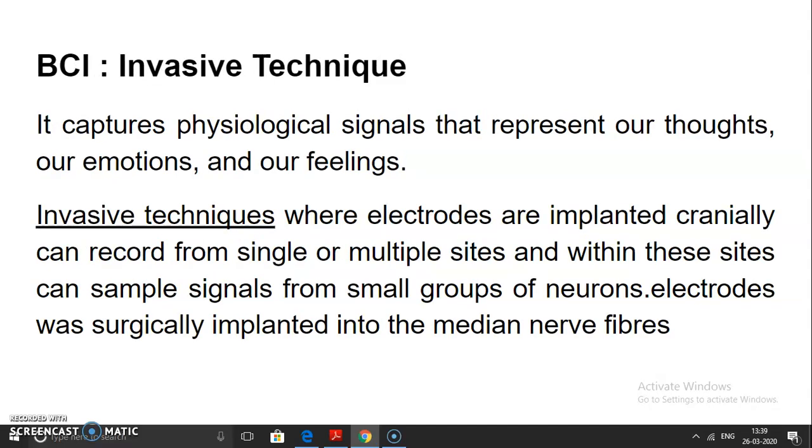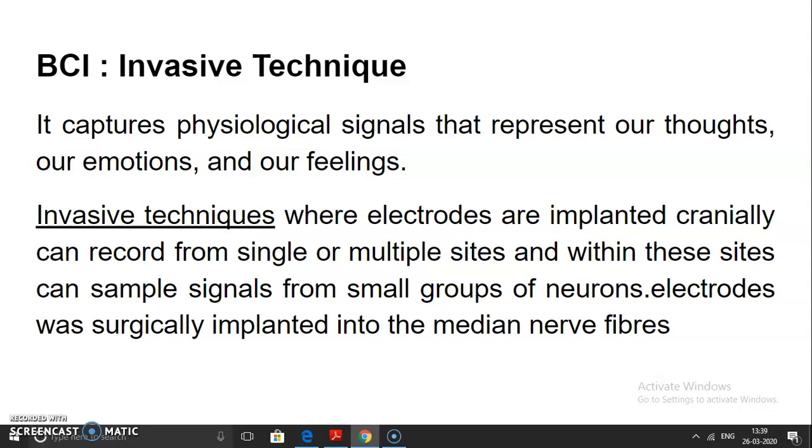First we will see BCI, that is brain computer interface. If you know, then good, but if you don't know, then I would like to tell you that our human brains can generate electrical signals. The type of signal, as I said, is electrical, and those kinds of signals are called electroencephalograph signals, EEG signals.